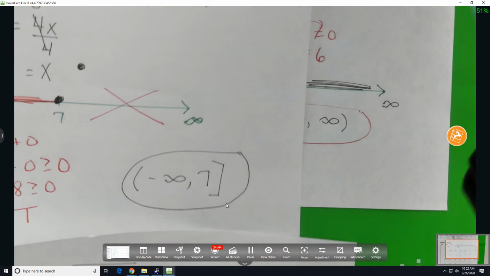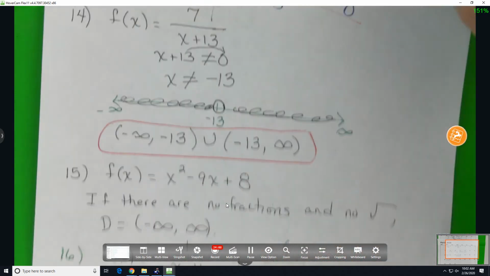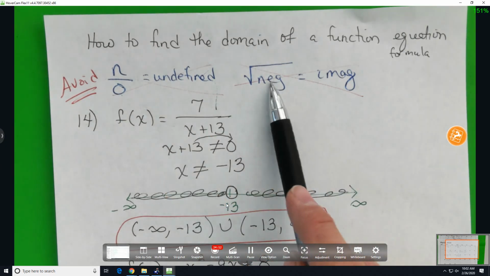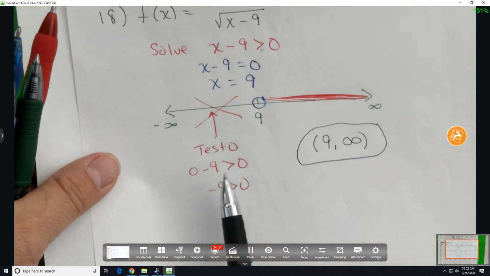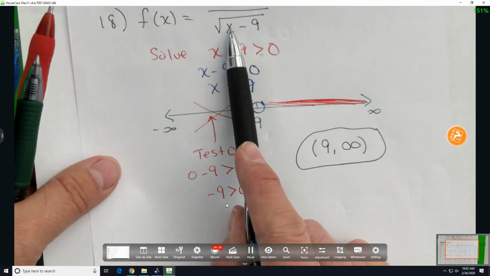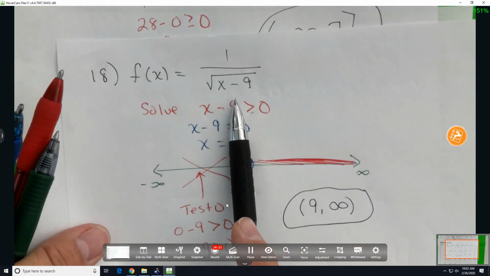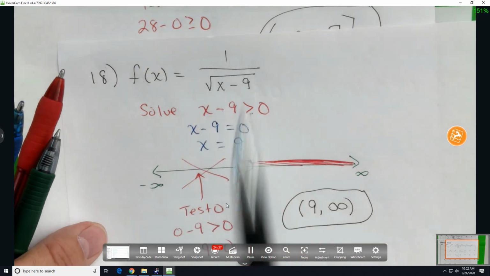That's one of the things you want to avoid, a number over 0. We also don't want negatives under the square root symbol. That's why over here, if you had plugged a 0 in for x, you'd have 1 over 3i. No. You can't have any imaginary numbers.